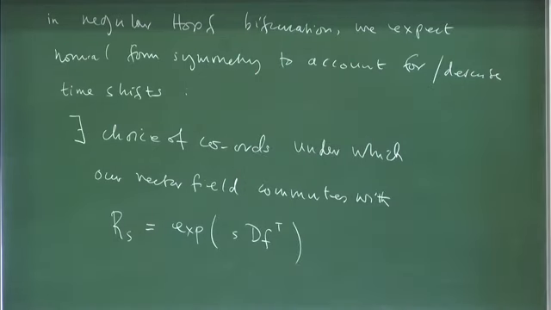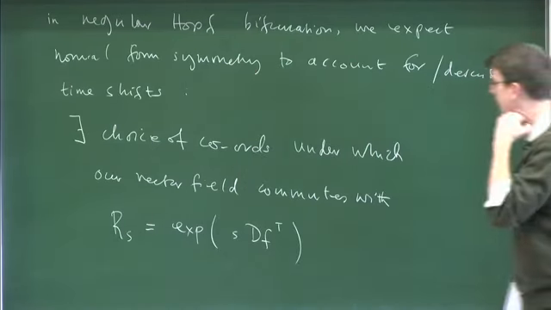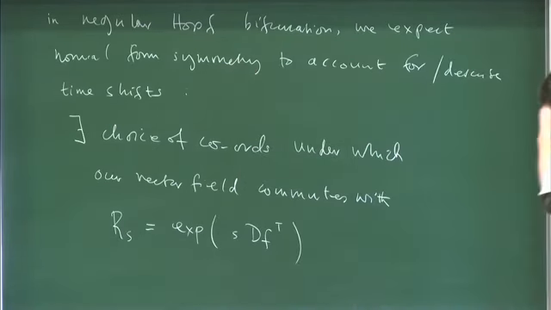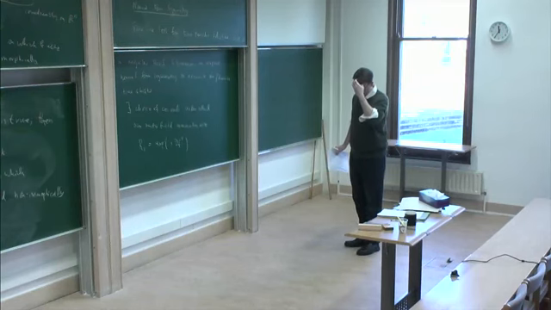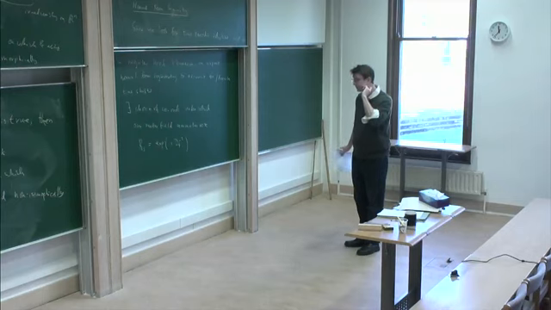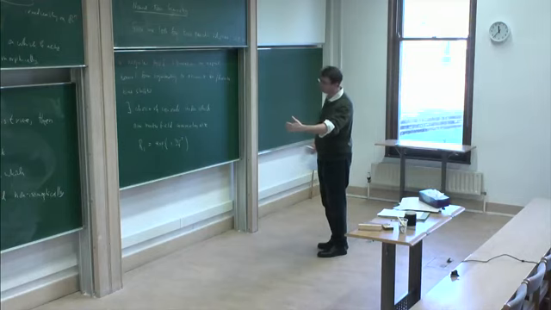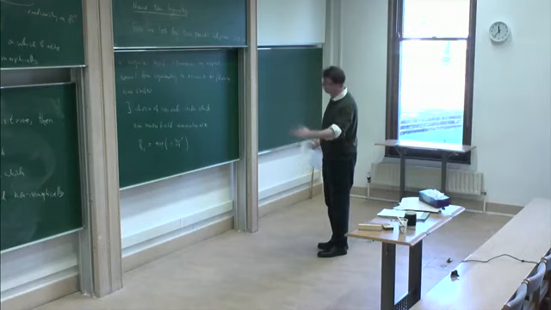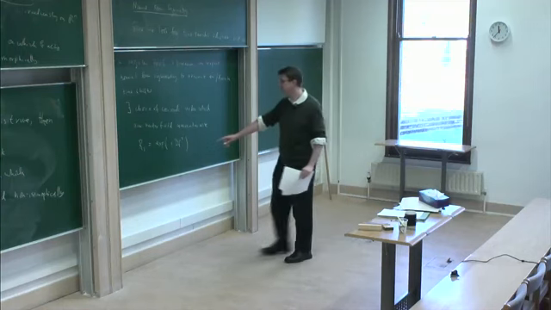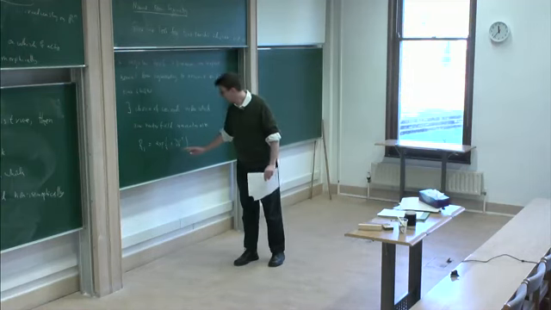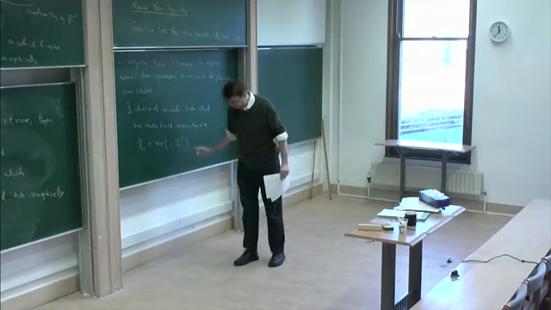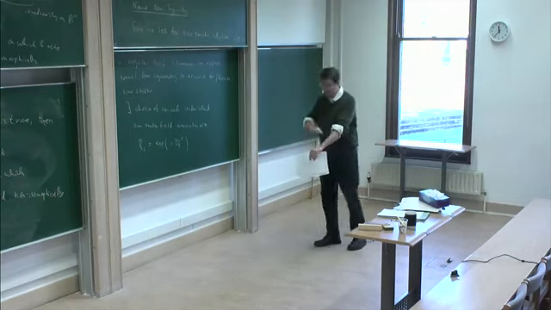So this is the normal form theorem: there is a nice choice of coordinates under which the normal form for a bifurcation problem can be made to commute with the exponential of the Jacobian matrix at the bifurcation point.